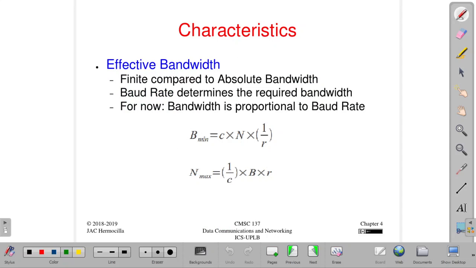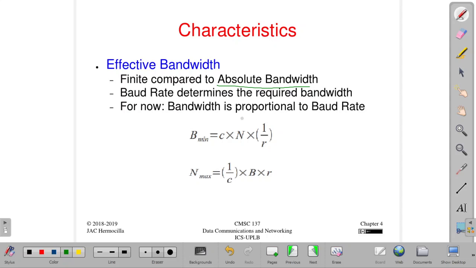Now let's define the effective bandwidth. Recall in the previous chapter, if we have a non-periodic digital signal, the bandwidth is infinite. And we call that bandwidth the absolute bandwidth.